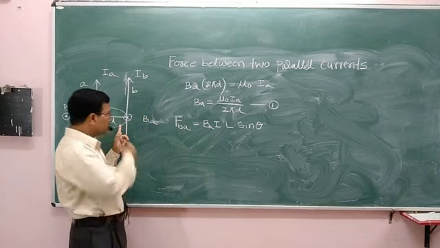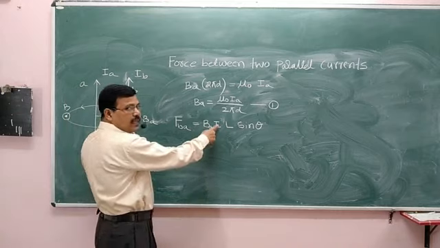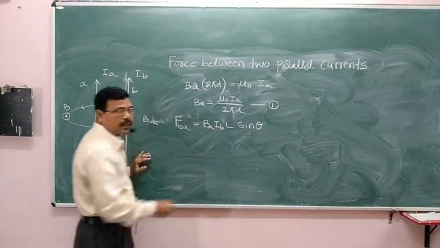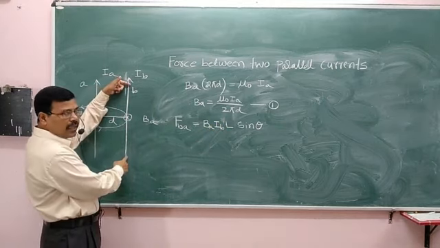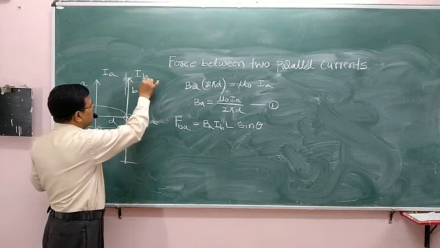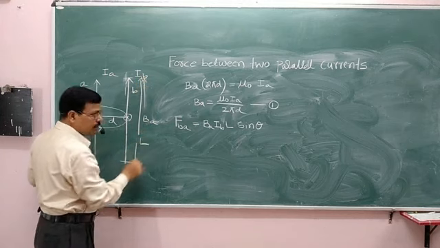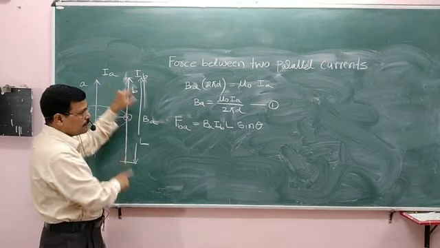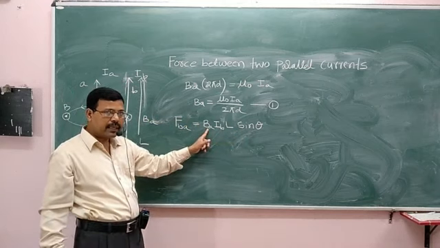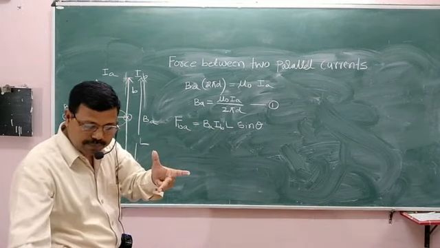That is the magnetic field produced by the conductor A at this point. I is the current that is passing through the conductor B. L is the line segment of the conductor B, say from here to here. This is the line segment L, the length of the conductor B. Sine theta, where theta is the angle between the magnetic field and the current element. Yes, all of us know that.